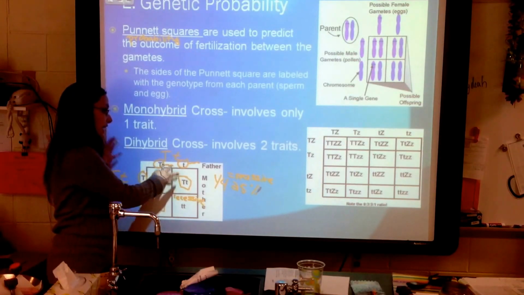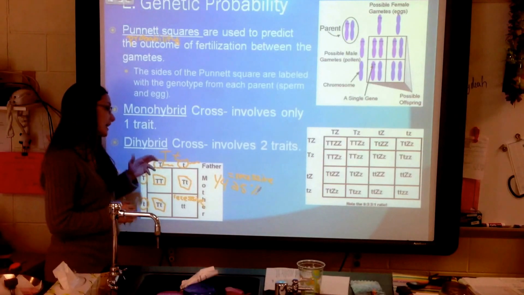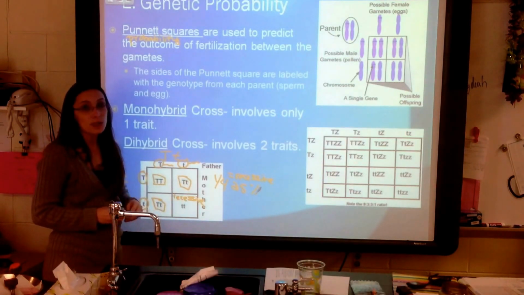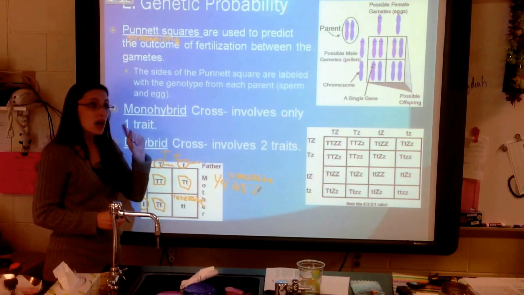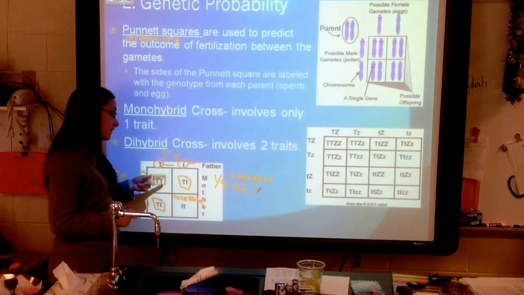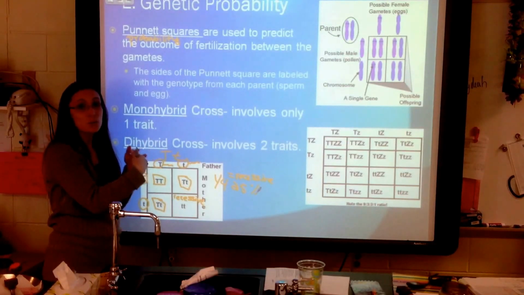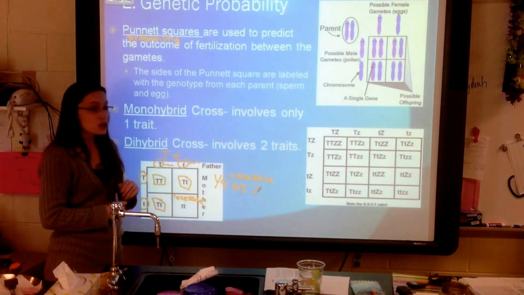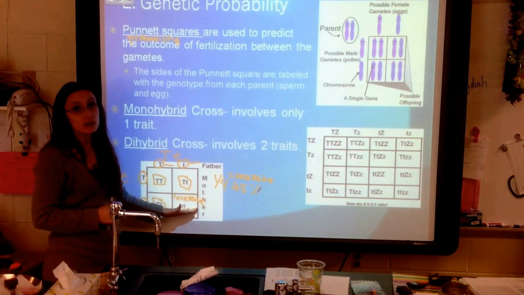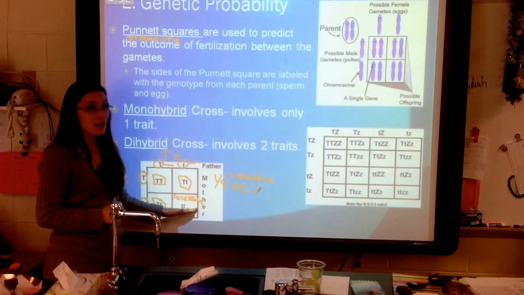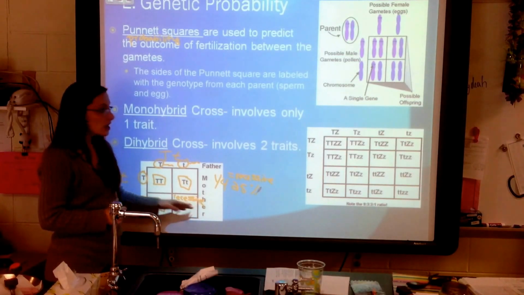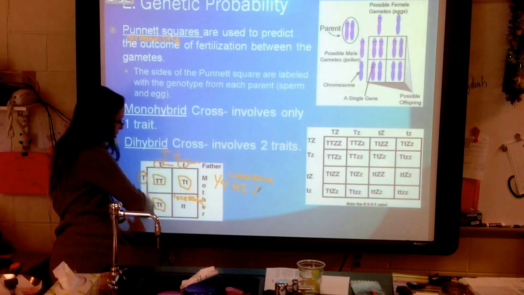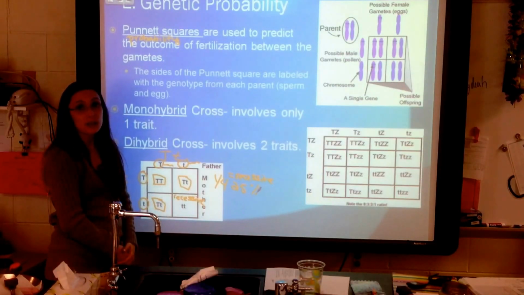So when we look at a Punnett square, we can make predictions about what the offspring will be. Another important point is every new event, every new birth, starts the Punnett square all over again. So just because we have one baby who's recessive doesn't mean that no more will be recessive. Each fertilization starts over with the probability.